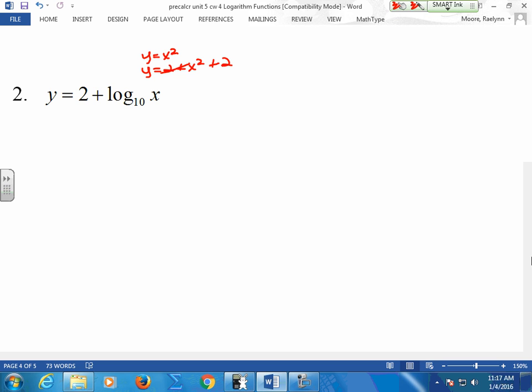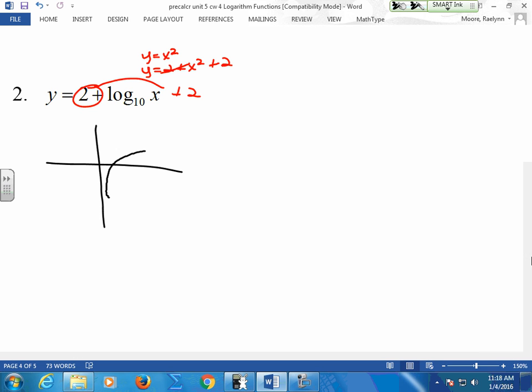So where's our shift going to be for our squaring function? 2 up. Because it's not next to the x, it's away from the x. So same thing here. Put this over here. Where's your log function going to go? Up 2. So it has the same exact effect.